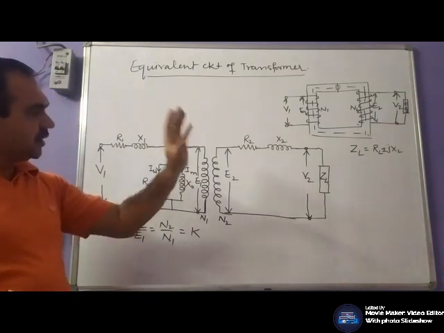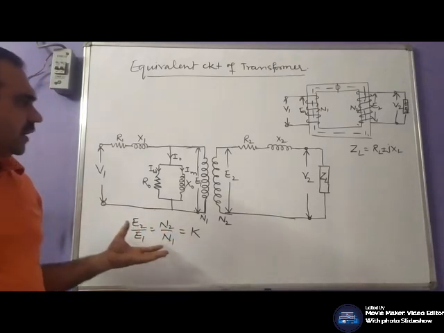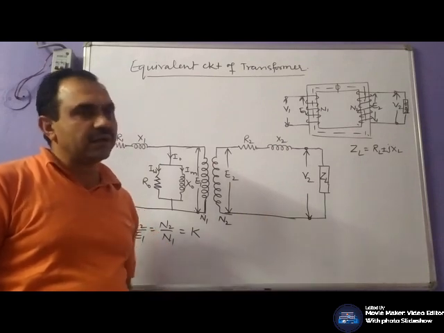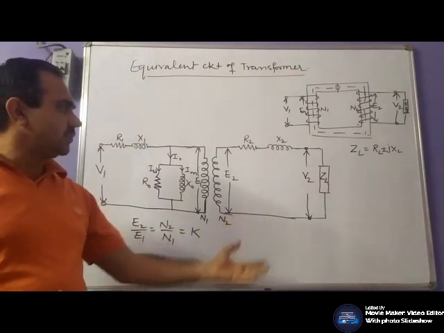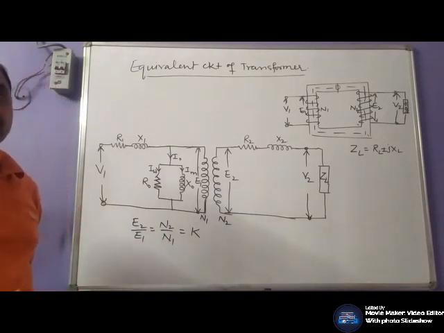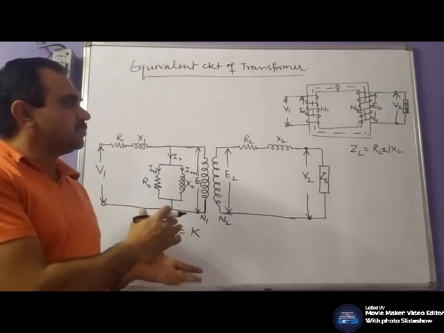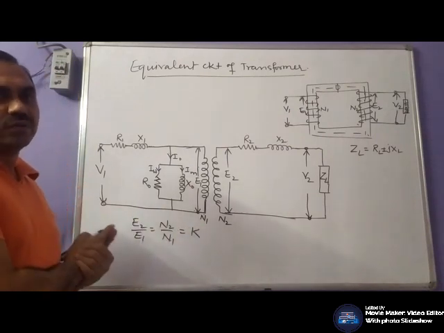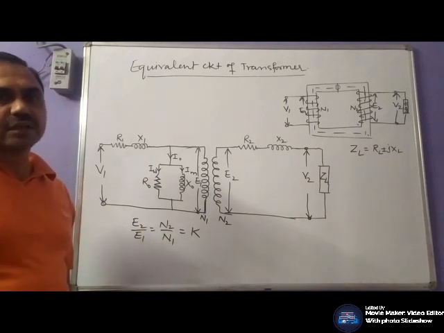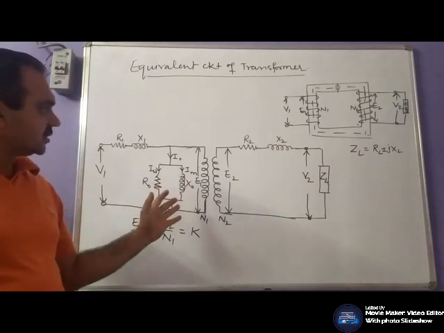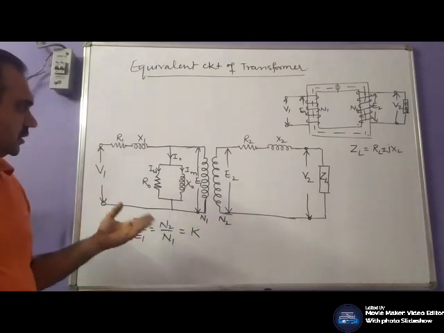Now, if you want to solve or simplify this circuit, or find the current, it becomes difficult if you keep these parameters on either side. So you can transfer these parameters to either side so that you can simplify and solve the circuit. Let us transfer these parameters to the primary side.